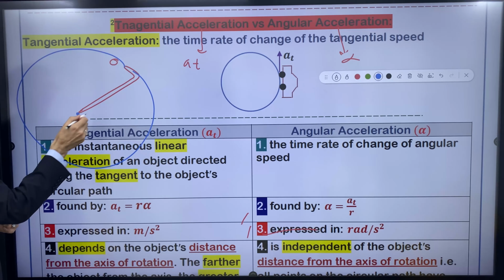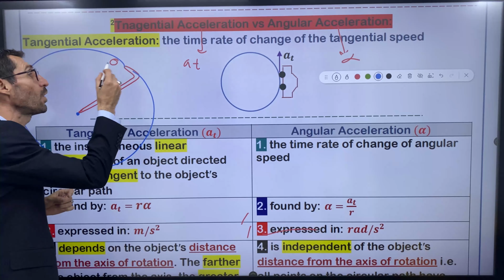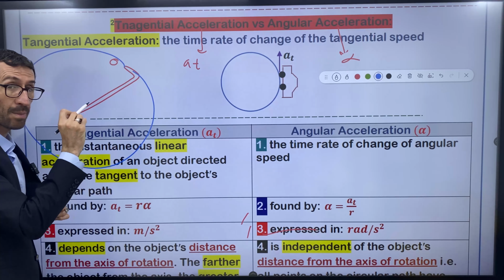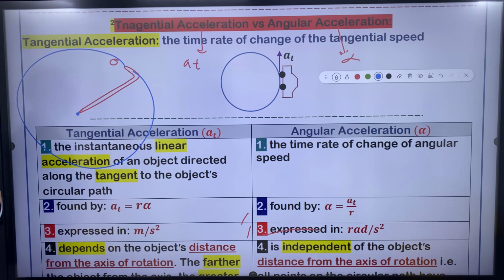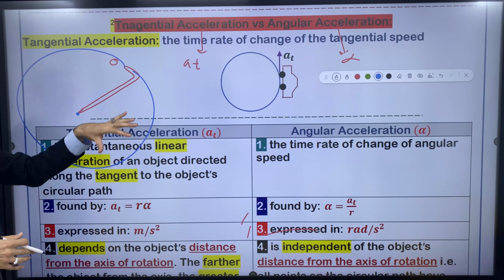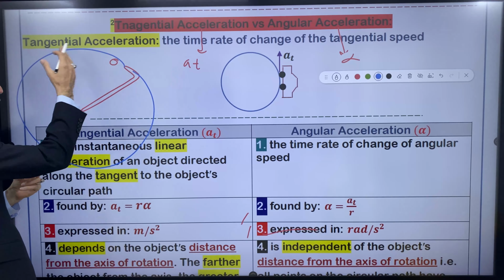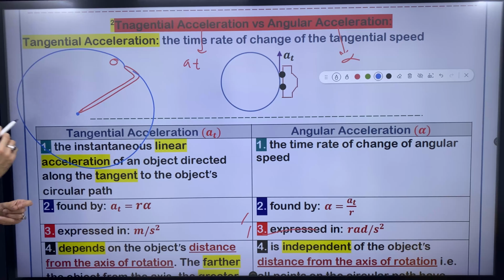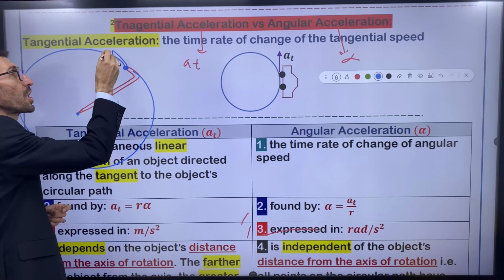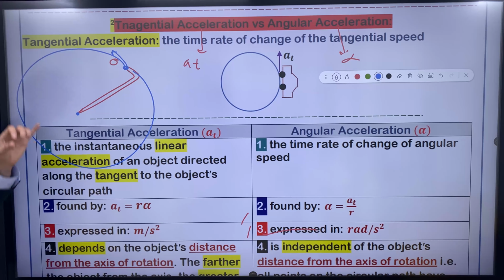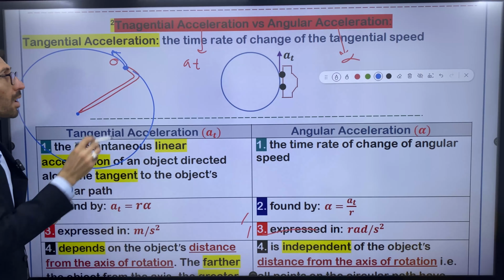The club moves in a circular track. Keep in mind that the entire club has a rotational motion, but the head of the club has a tangential motion. This tangential motion is called tangential acceleration, AT.